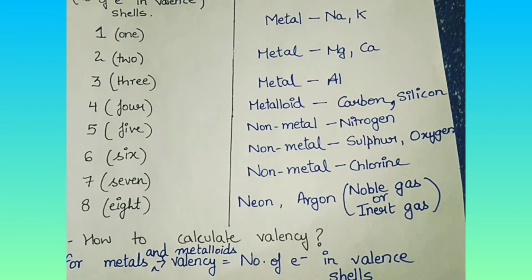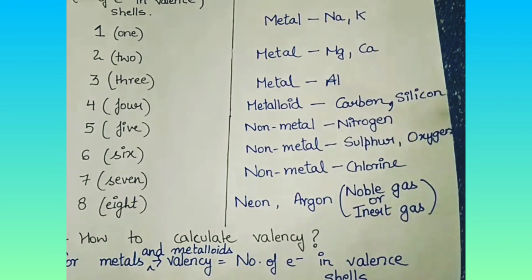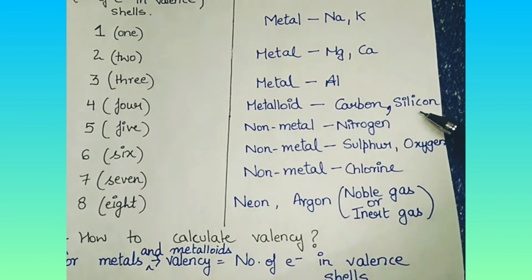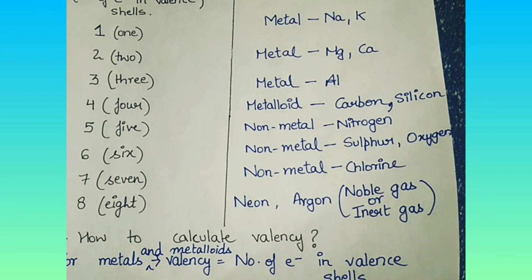So, we can define a metal in such a way that the elements which have the valency 1, 2 or 3 are also termed as metals, because the valency of metals is equal to the number of electrons in the valence shell, while a metalloid is in the same group, means the valence electrons are equal to the valency, like 4. For example, carbon and silicon have 4 valence electrons, and hence their valency is also 4.